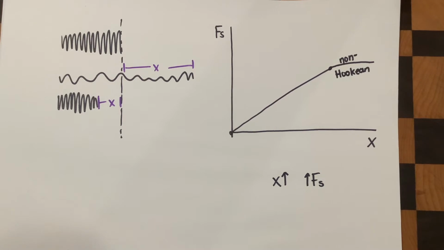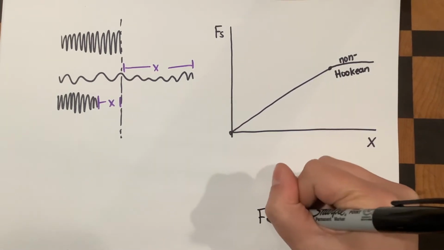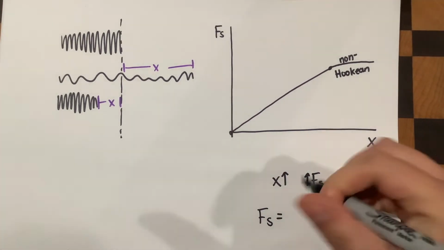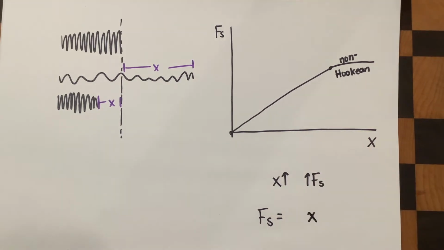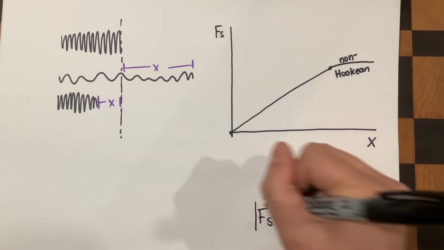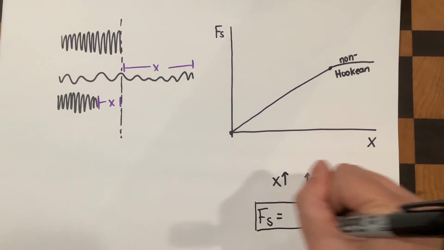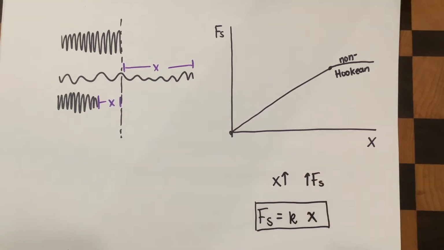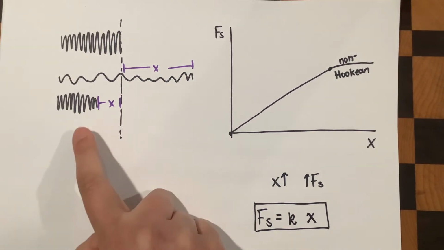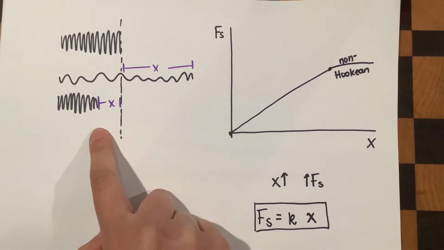So, in Hooke's law, we have the force of the spring is related to its compression or extension, x. But there's a constant of proportionality in there, and that is k, the spring constant. Spring constant tells you how much force it takes to stretch the spring 1 meter of extension or 1 meter of compression.